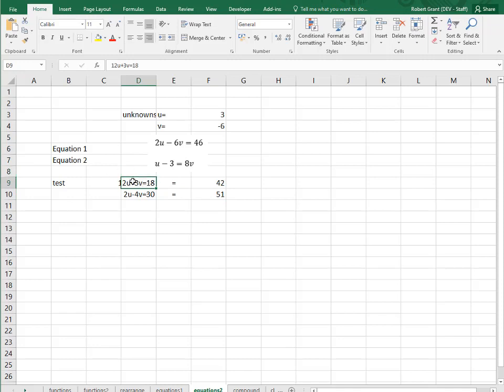You have 2u minus 4 minus 6v plus v equals 46, and u minus 8v equals 3. I need to move the constant to the right hand side. So that's the equation we need to solve.